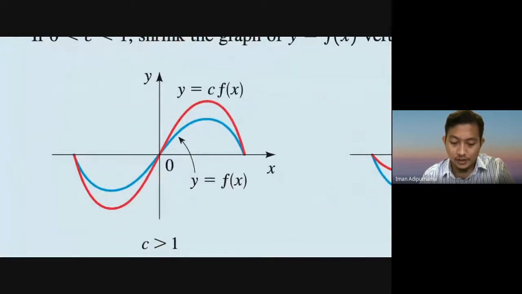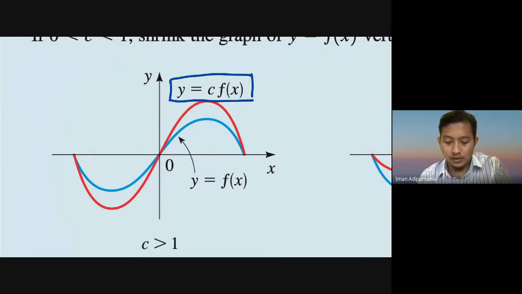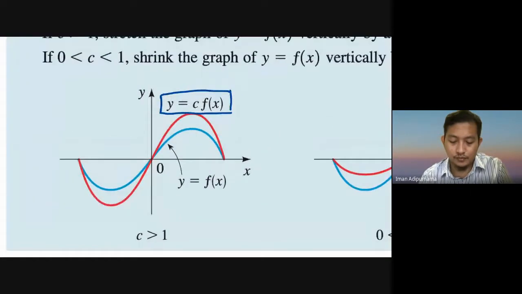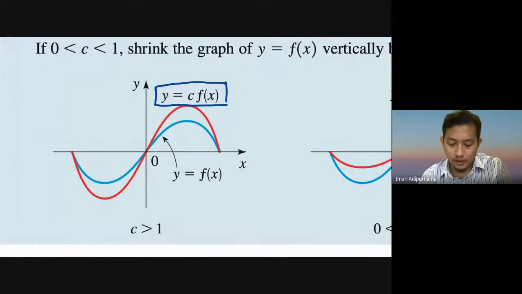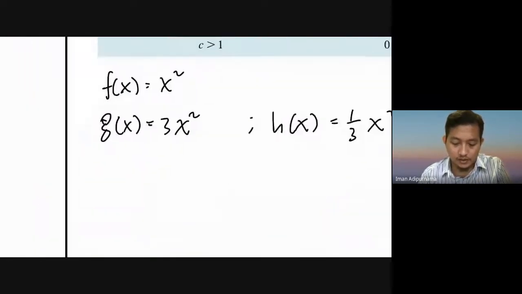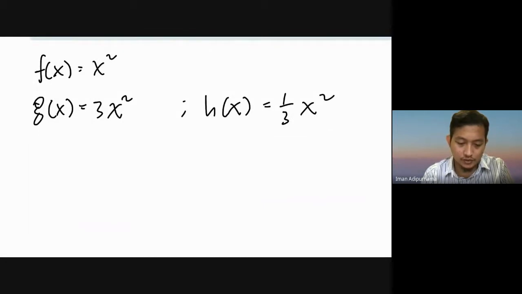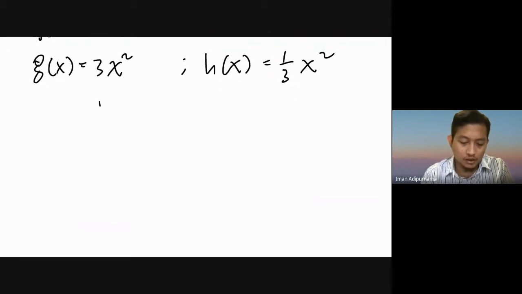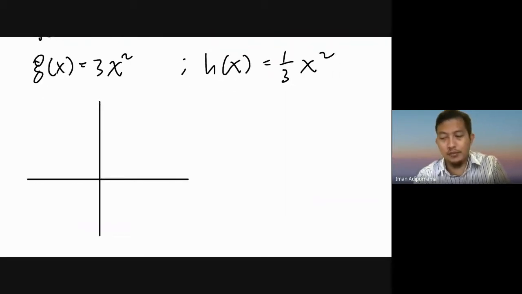So if we have the first case here, for example, you have x squared, and then you have 3x squared. It will be vertically stretching. Okay? Let me draw this, to imagine how the function can be transformed.